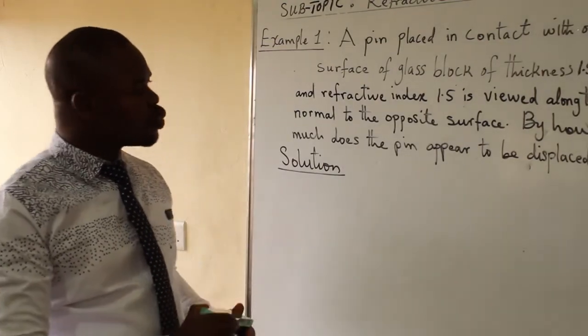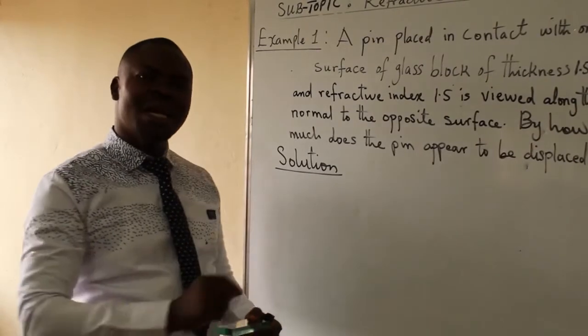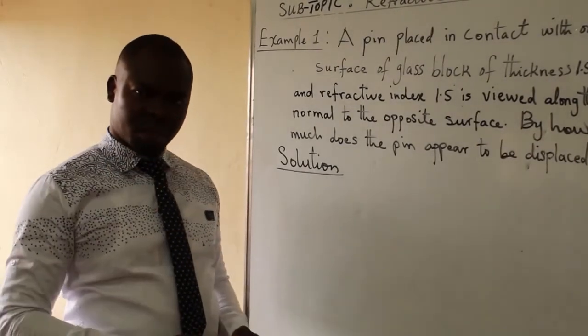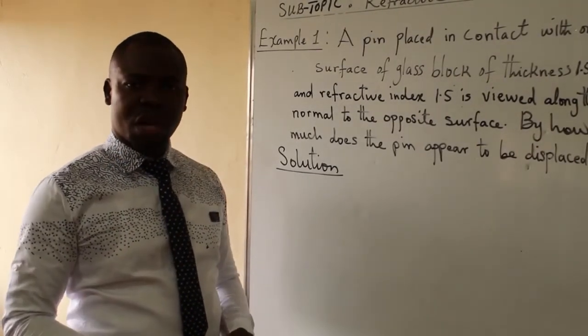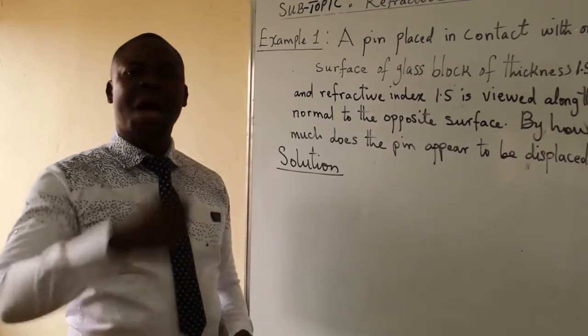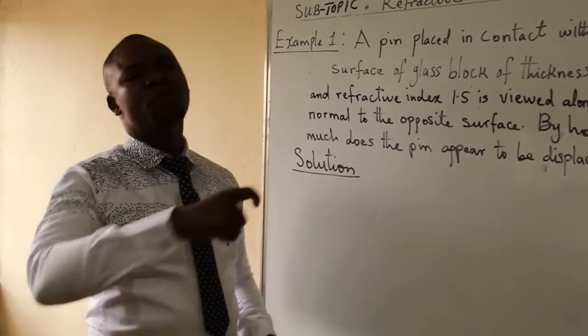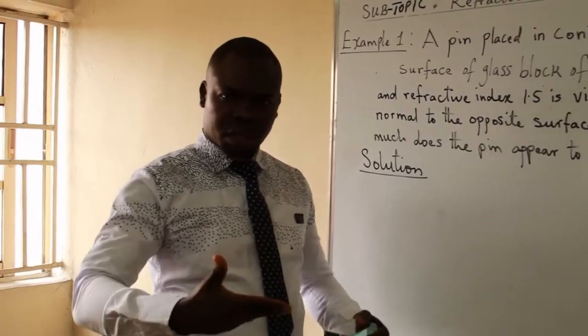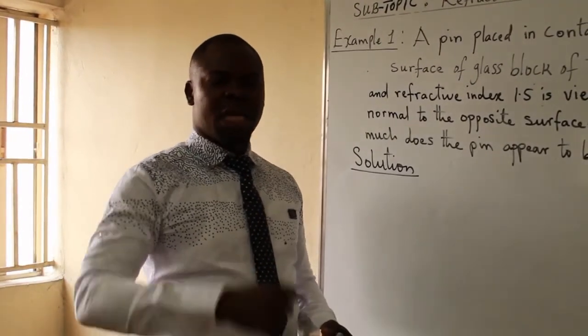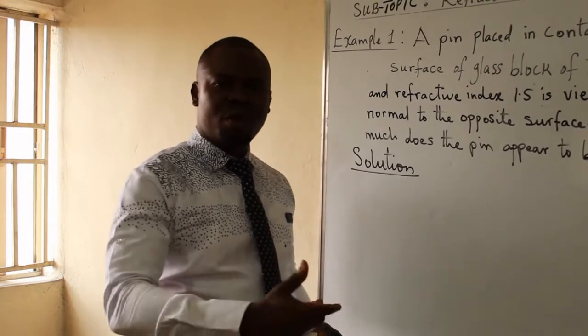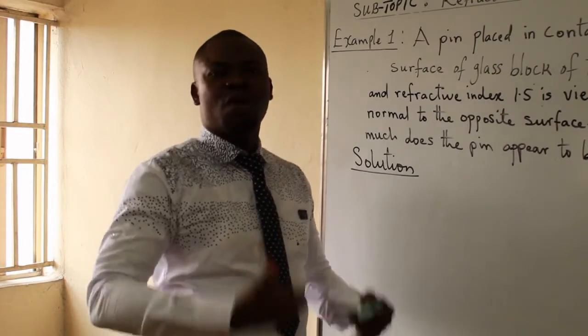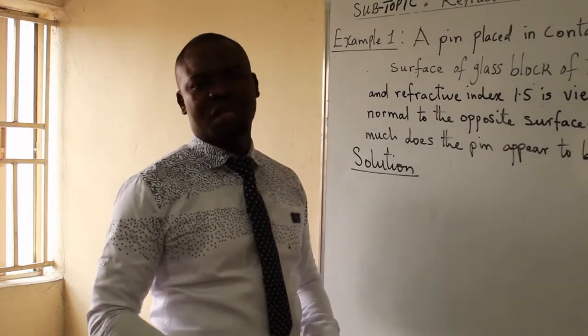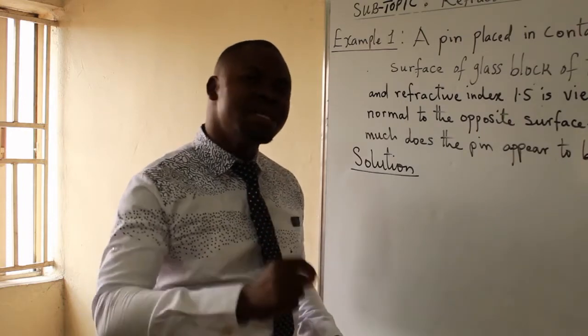So it means first we must consider the apparent depth. In the previous class, we talked about real depth and apparent depth. We said that if you are on top of a clear pond or swimming pool, the swimming pool or the pond appears to be closer to you. The depth appears to be closer to you than the real depth.